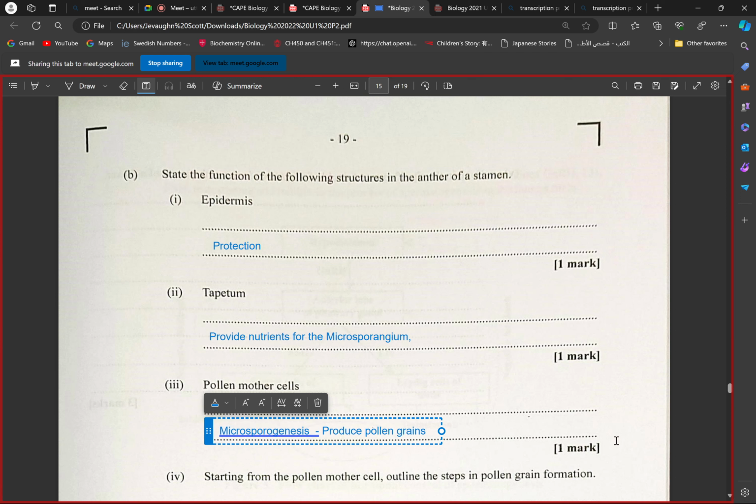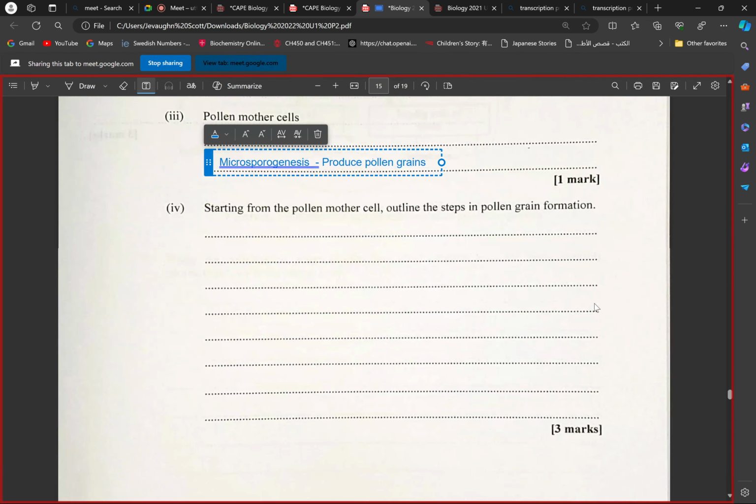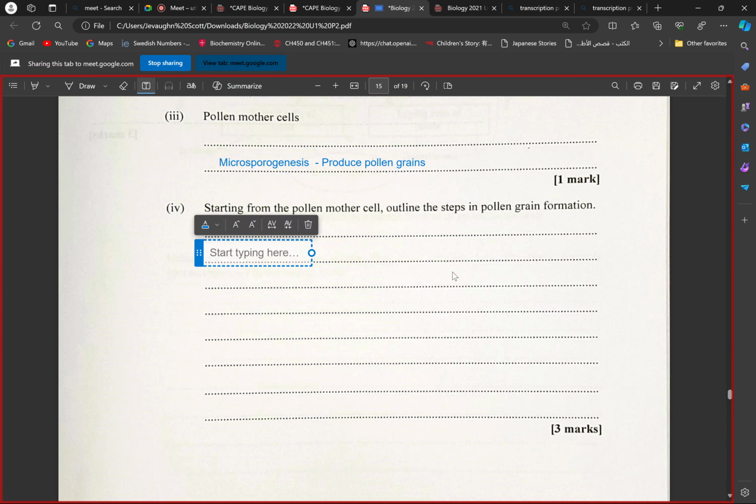And now into my favorite part. Let's go through the steps. So sporogenesis, then gametogenesis. What's the first thing that happens? Some sort of mitosis.